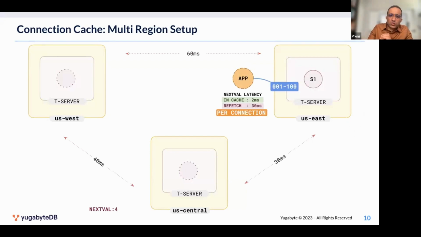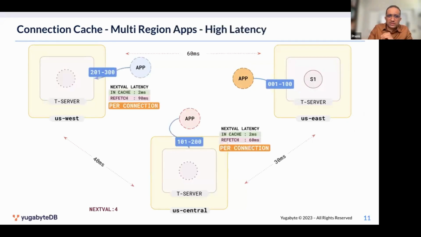Let's see what happens when you have applications deployed in other regions. In a multi-region scenario, when you have applications in other regions, other apps have to spend about 60 to 90 milliseconds for every next val when the cache is depleted. When the next val is going to be in the cache, your fetch time is just going to be 2 milliseconds.